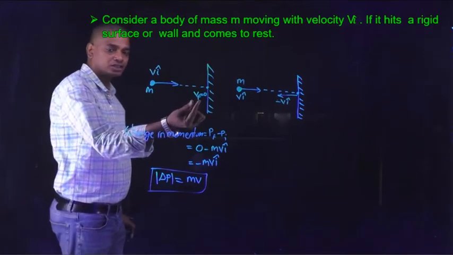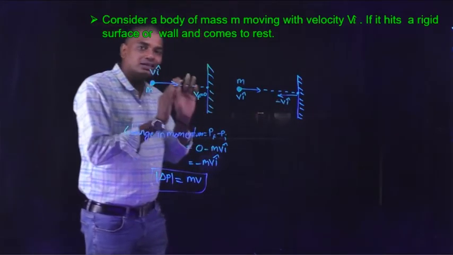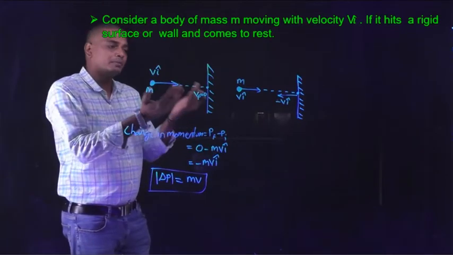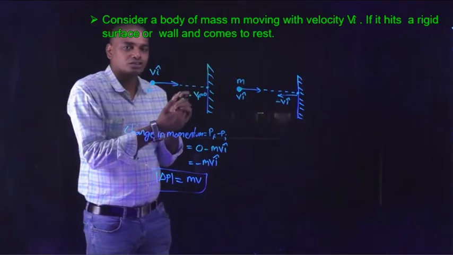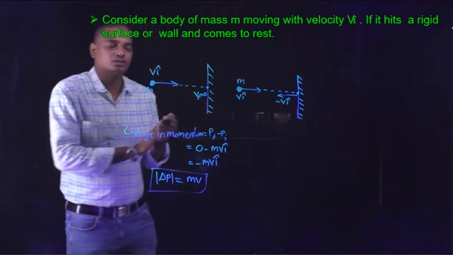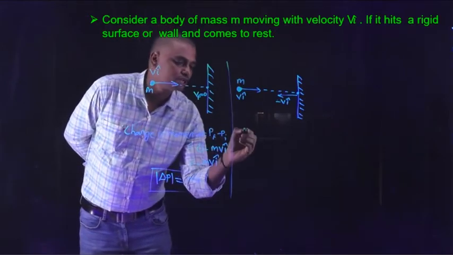In the second case, we are considering the ball hits the wall and comes back with the same velocity in the opposite direction, so minus vi cap. Now we need to calculate the change in momentum.